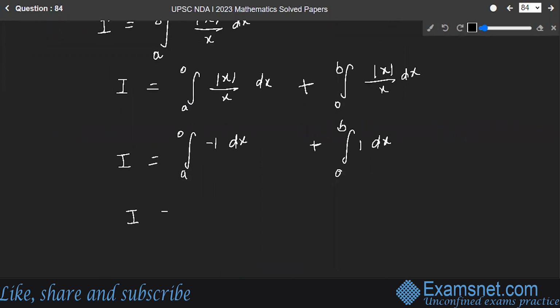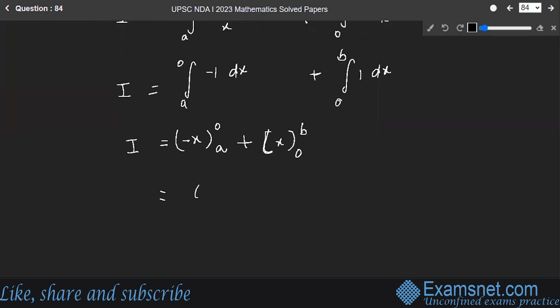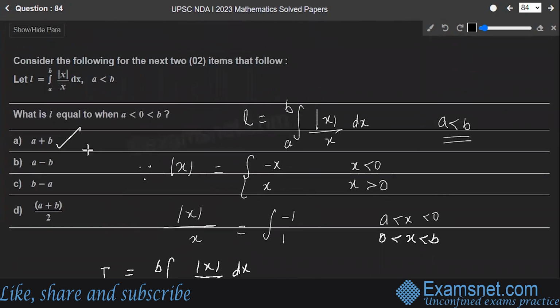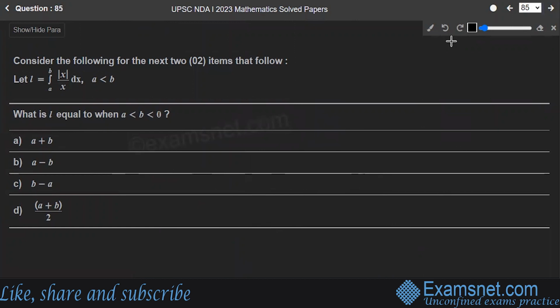So integral is equal to minus x with limits a to 0, and x with limits 0 to b, which will give you 0 minus of minus a will give you plus a, plus b minus 0, that is equal to a plus b. So option A is the correct answer. Hope you understood this. Next is question number 85.